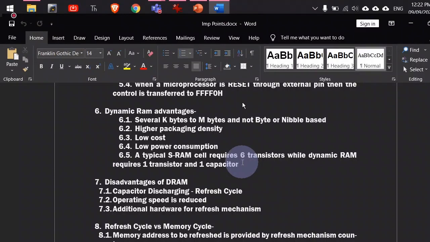So the same happens to the electronic components also. If you manufacture a circuit using capacitor, the capacitor has to be refreshed at regular intervals, so that whatever value of charge, logic 1 or logic 0, it is holding, that should be maintained, right?